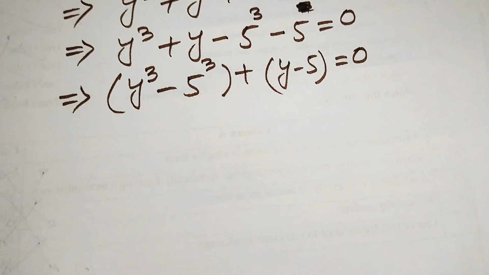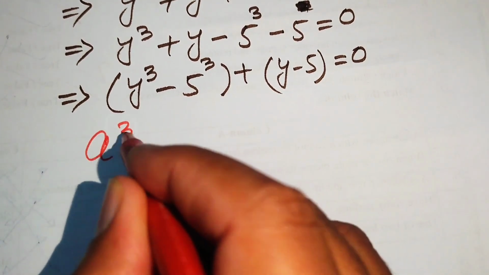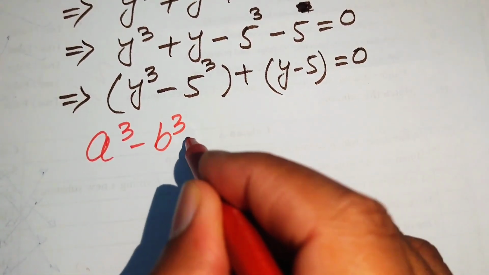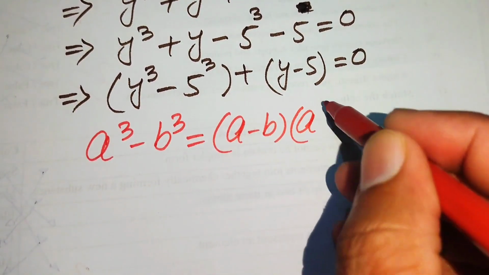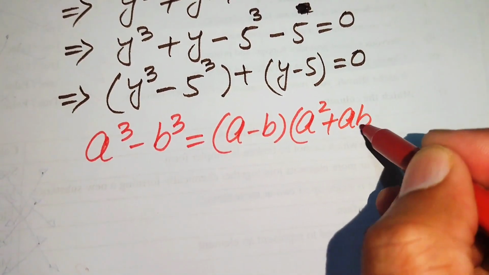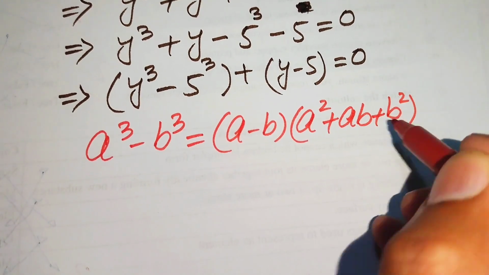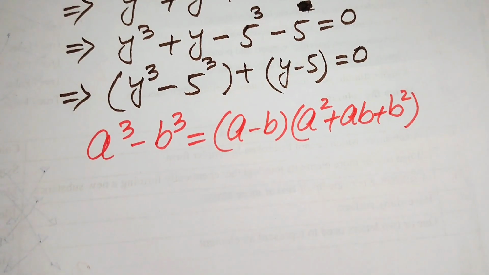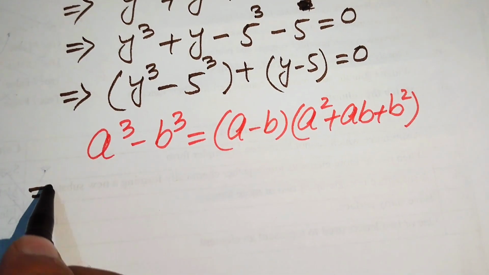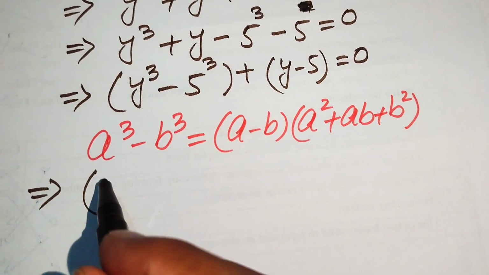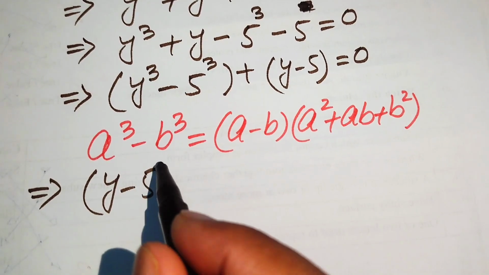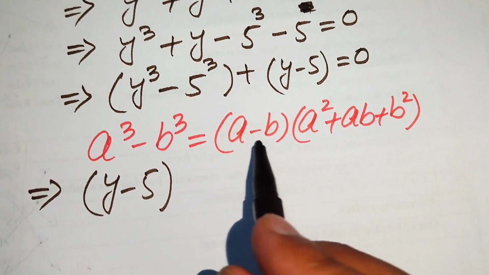Now we use the nice cubic formula: a cubed minus b cubed equals a minus b times a squared plus ab plus b squared. We need this formula for the first factor. The first factor is y minus 5, because the first factor in the formula is a minus b.